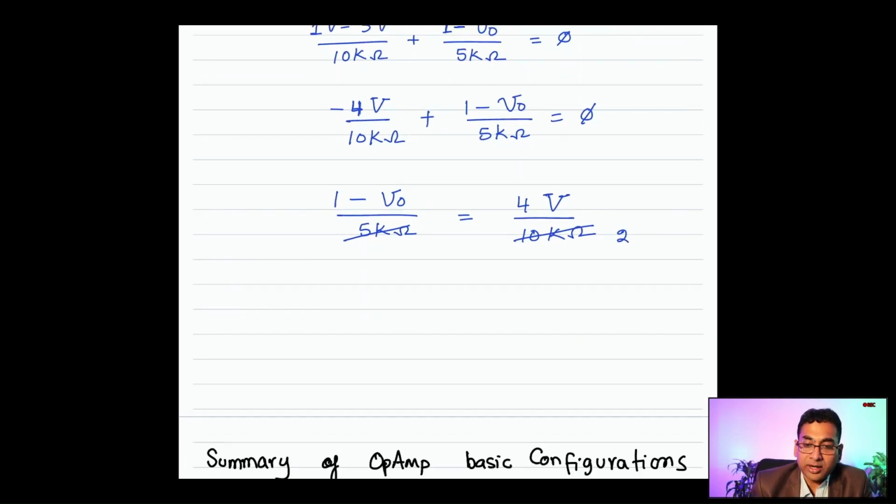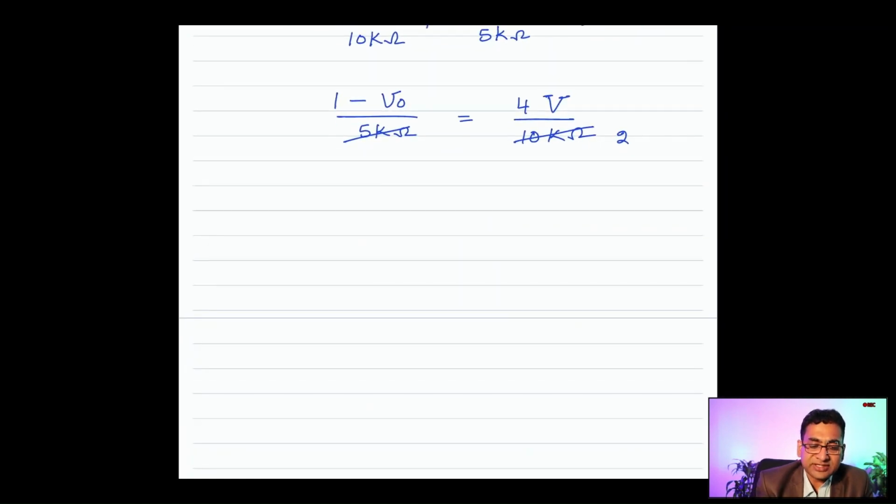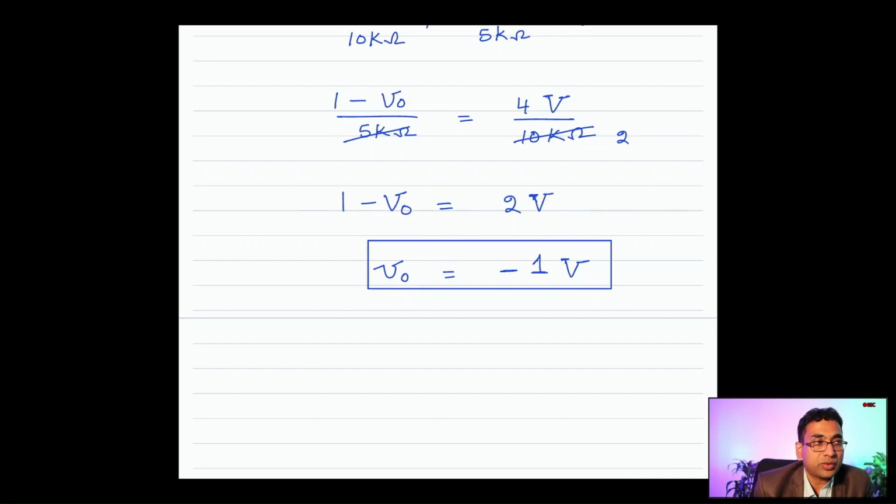So 1 minus Vo equals 2 volts. This is simple straightforward math from here. Therefore, Vo equals negative 1 volt. Vo equals negative 1 volt.